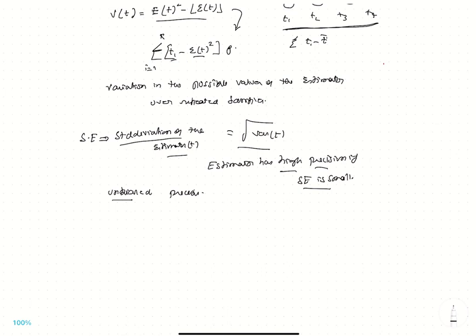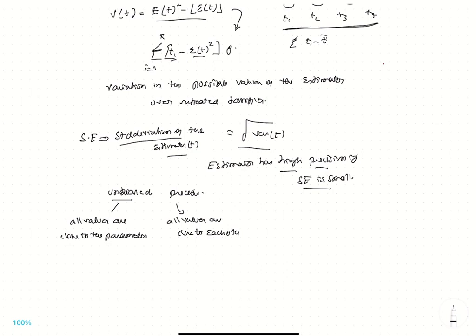So if it's unbiased, there is no systematic over or underestimation, and all values are close to the true value of the parameter, and they are precise, meaning all values are close to each other.